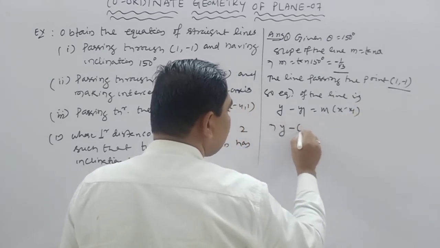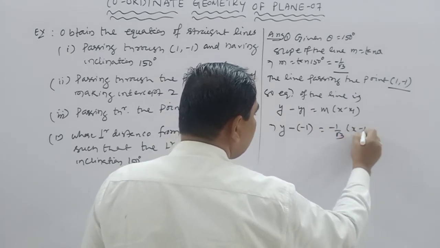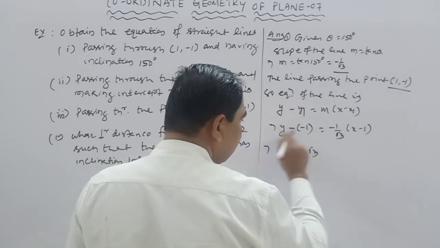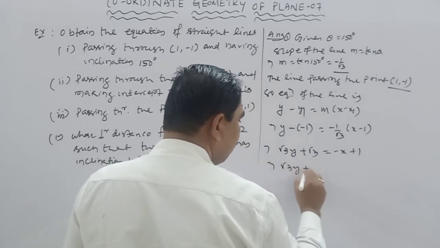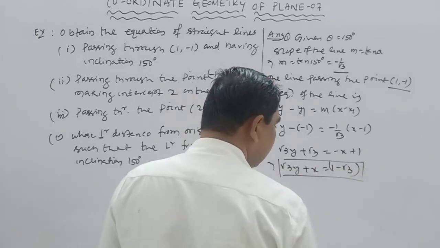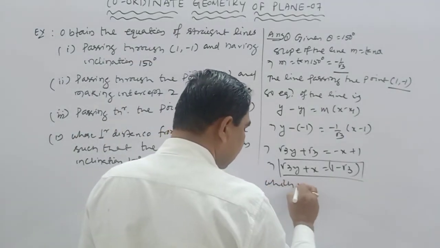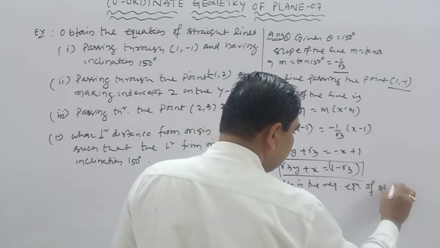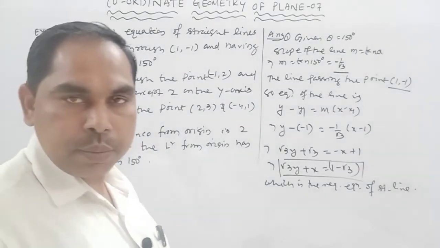So y plus 1 is equal to minus 1 by root 3 into x minus 1. Simplifying this, root 3 y plus root 3 is equal to minus x plus 1, or root 3 y plus x is equal to 1 minus root 3. This is the required equation of the straight line.